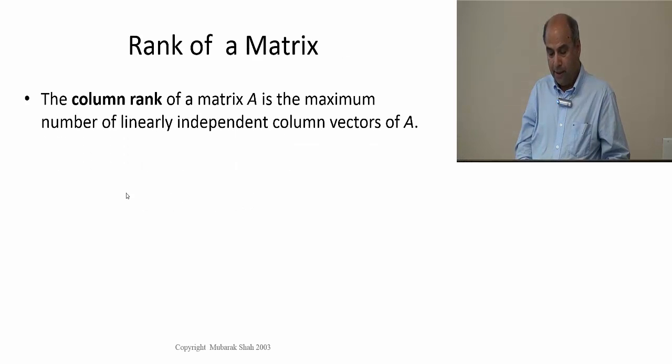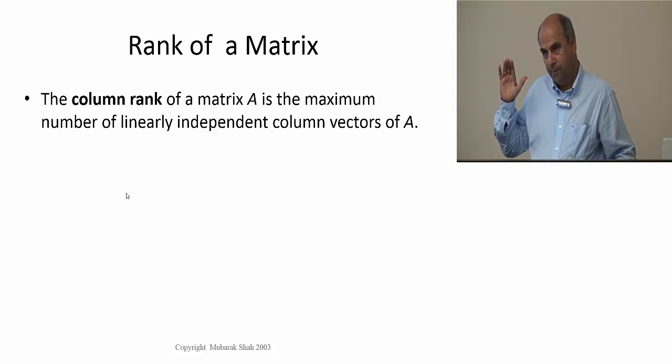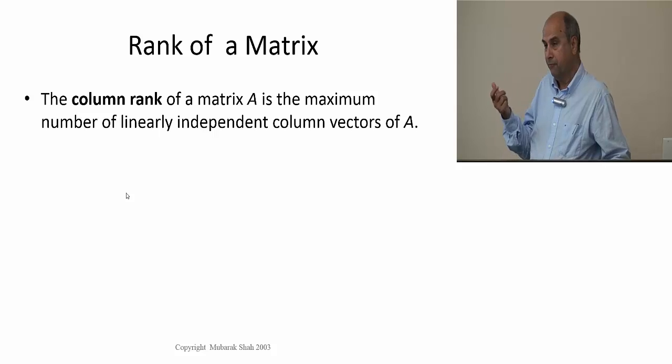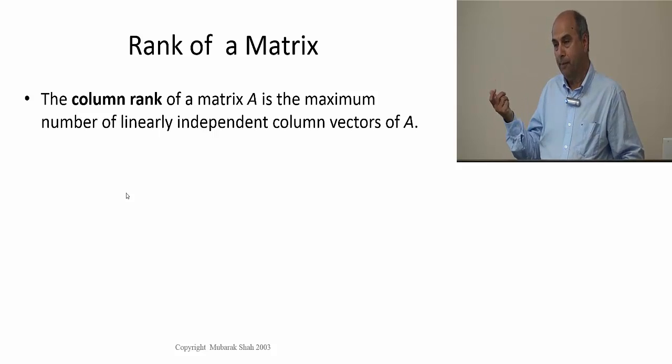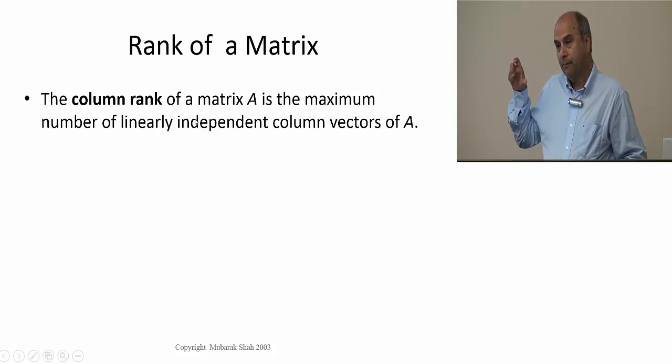Another thing is the rank of a matrix. A matrix, as you know, has columns and rows, and we say a matrix has a column rank and a row rank. This is also valid for a rectangular matrix, which is not necessarily a square matrix. The column rank of a matrix is the maximum number of linearly independent column vectors.